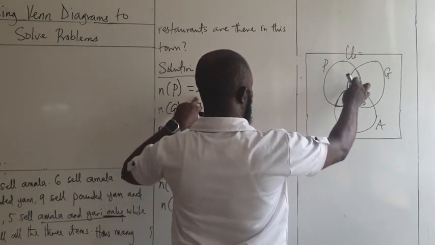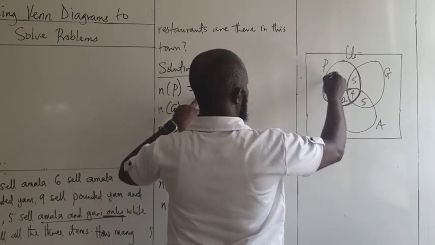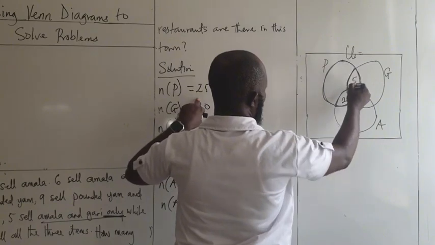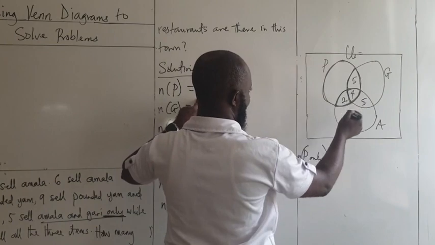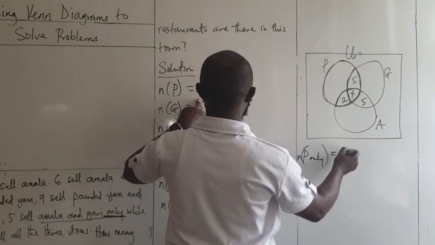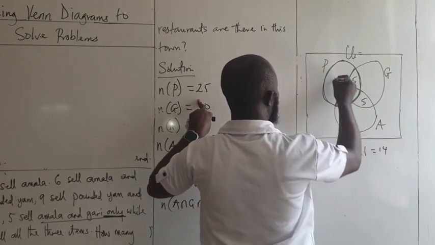So we are removing 5 plus 4, 9, plus 2, 11. So that is 25 minus 11. That gives us 14.